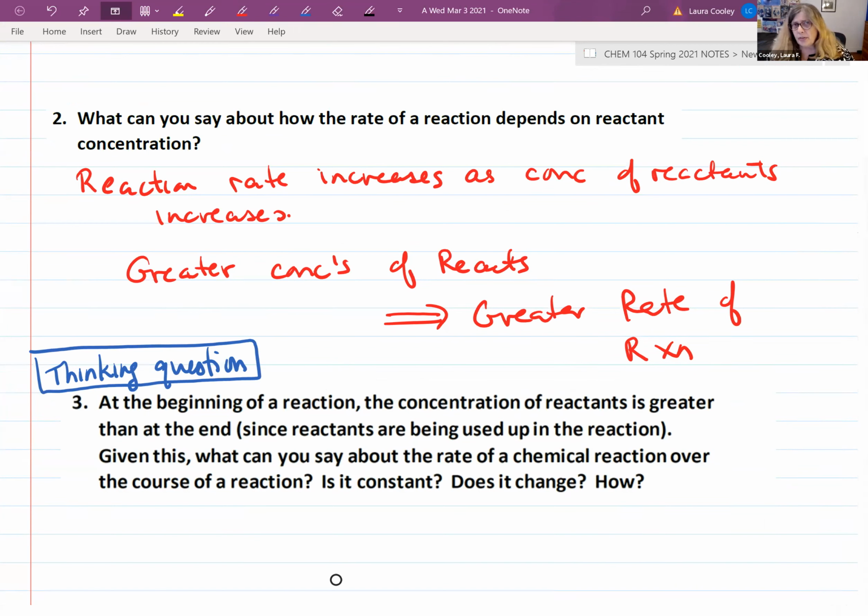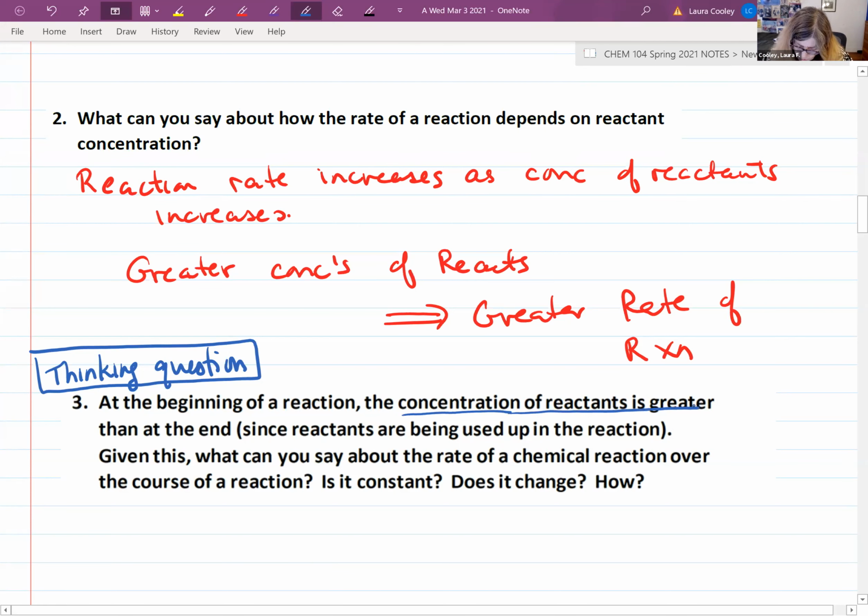At the beginning of a reaction, the concentration of reactants is greater than at the end. During a reaction, the reactants react, so they go away. So you have a lower concentration of reactants at the end than at the beginning. So what does that tell you about the rate of a chemical reaction over the course of the reaction?